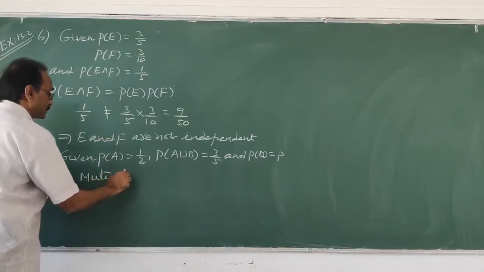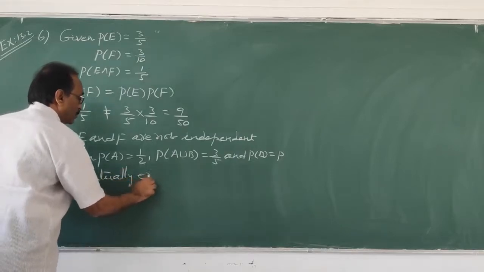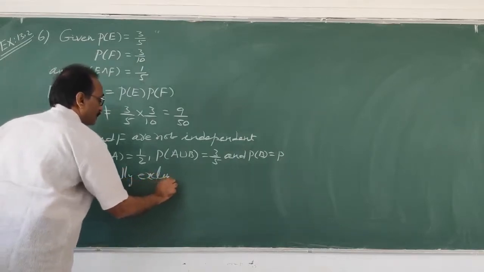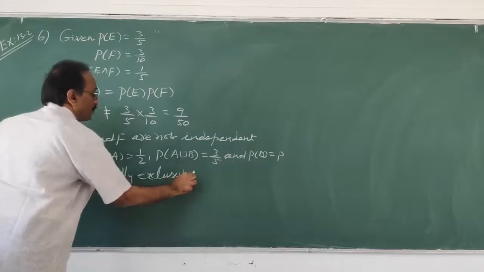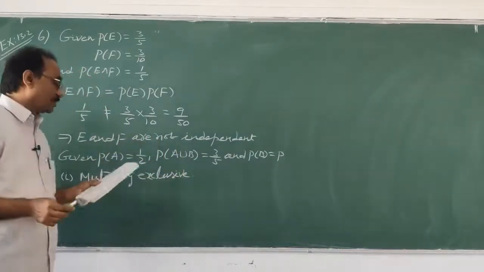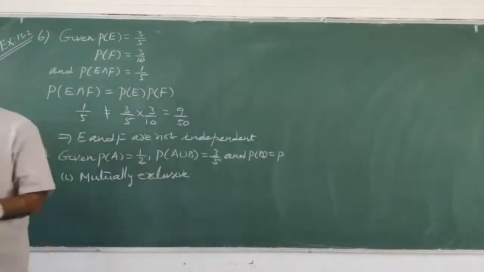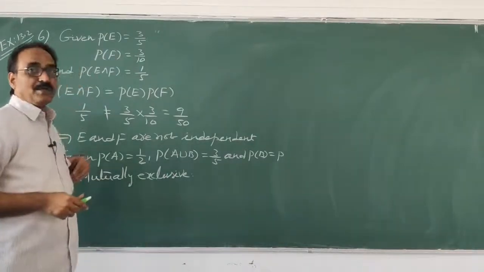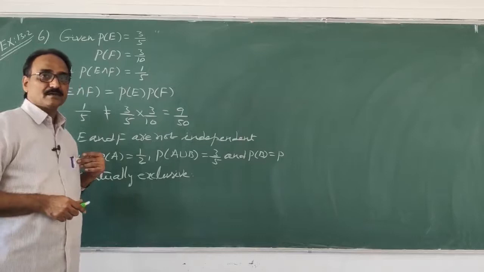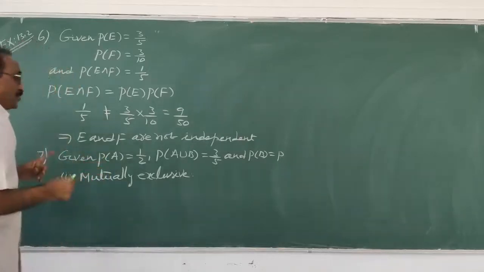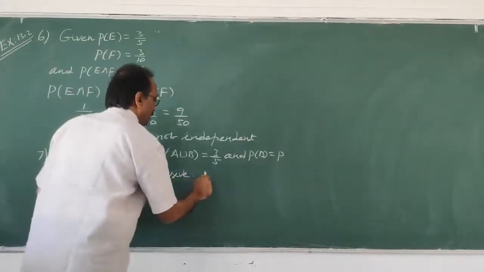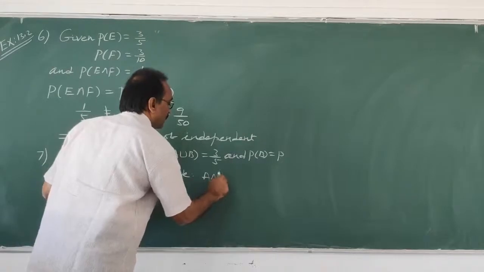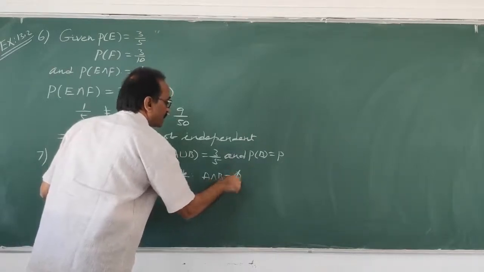If they are mutually exclusive, what is the value of P? Yesterday we discussed this. Mutually exclusive means their intersection, A intersection B, must be equal to phi.